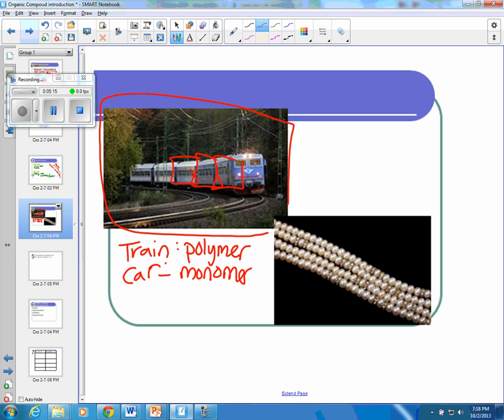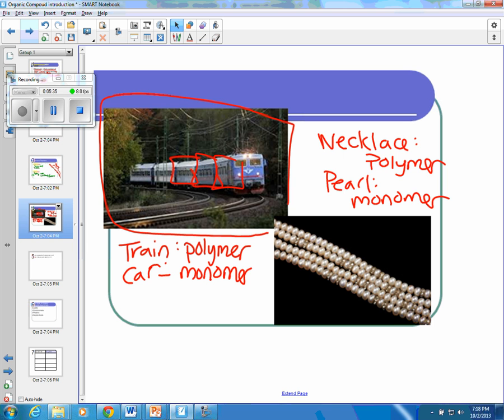Now let's go over here to this necklace. Okay? The necklace would be the polymer, and each pearl or bead on the necklace would be a monomer. Right? And all organic molecules, if you look at them, you can either break them down, or you can put them together kind of like beads on a necklace to make something bigger.